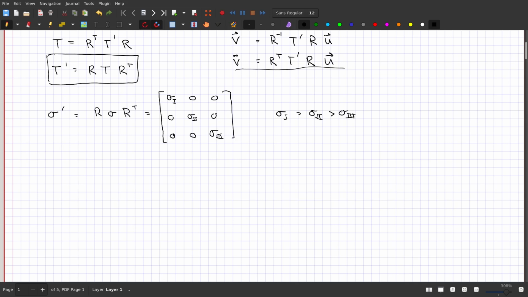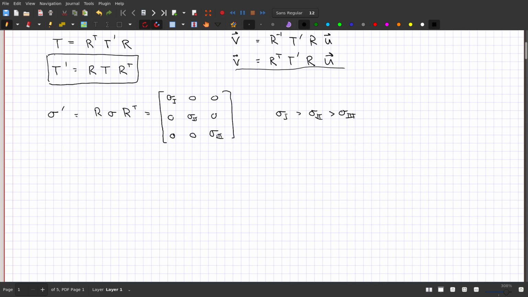Principal stresses, right? And we talk about them in reservoir geomechanics all the time, right? SH min, SH max, S vertical, right? So we can take any stress tensor, and if we rotate it perfectly, we can diagonalize it, and what'll be on the diagonal will be the principal stresses.